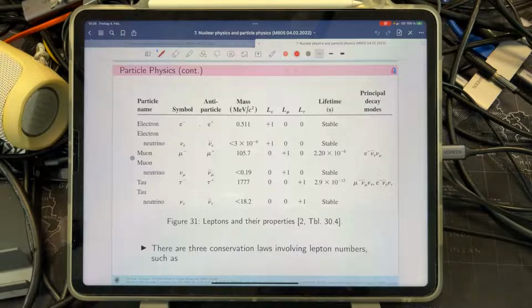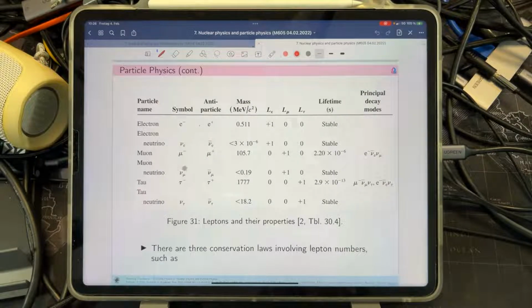What about the muon? Muon negative and muon positive, which is the anti-muon, would have 0 electron lepton number. For the muon lepton number, it's different.